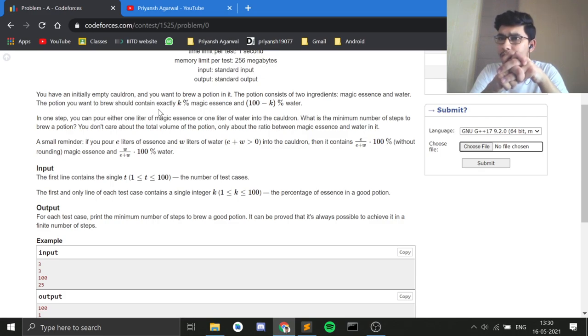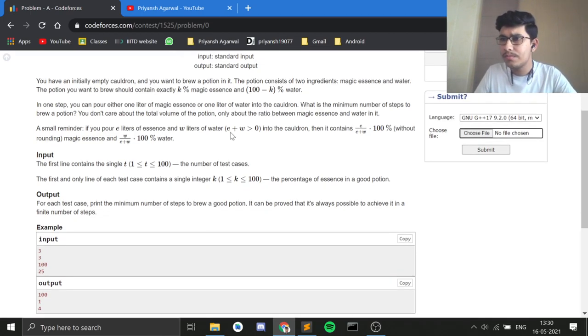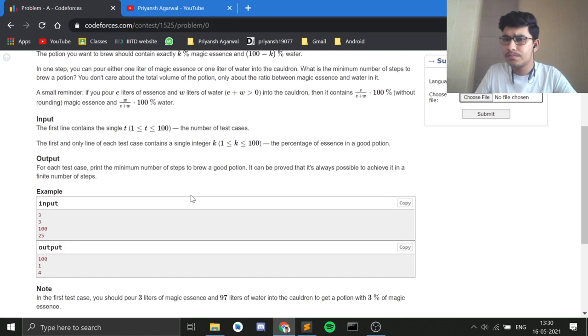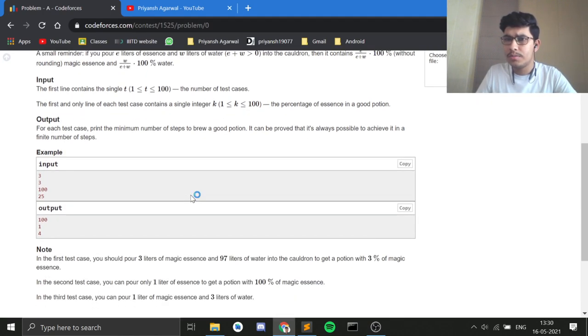A small reminder, if you pour E liters of essence and W liters of water into the cauldron, then it contains the percentage of essence in a good potion. So how many steps will it require? That is what they're asking, right?